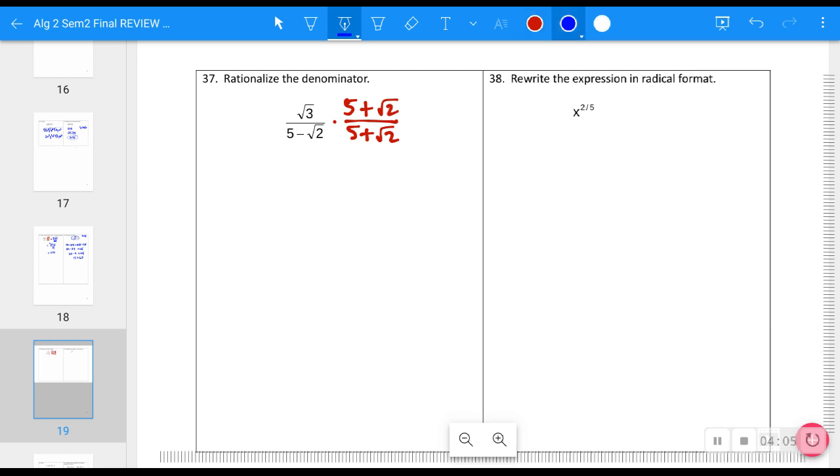At this point, we will be distributing across the top, and we're going to FOIL the bottom. And you'll see in a minute there's a shortcut across that bottom. Okay, we get 5 root 3 plus root 6. And across the bottom, instead of first, last, outer, and inner, with conjugates, the outer and the inner cancel.